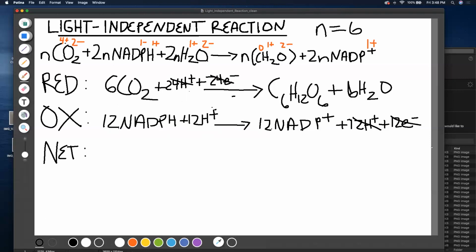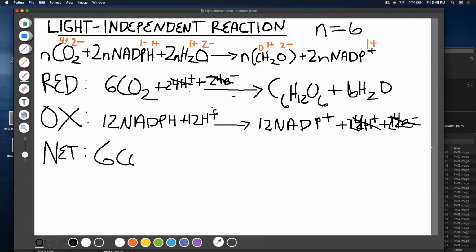And this should be 24 hydrogens and 24 electrons in order to balance the hydrogens on this side, since there's 24 hydrogens. Okay, all right, that makes sense.